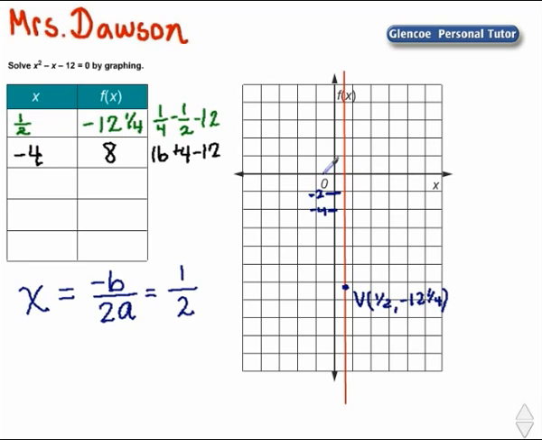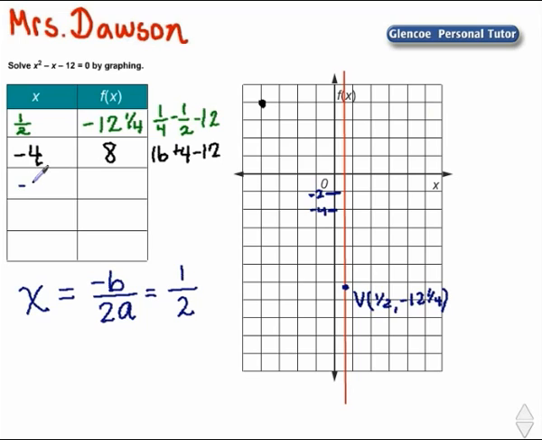So -4 on the x, 1, 2, 3, 4, and 8 on the f of x, 2, 4, 6, 8. Now the nice thing about having the axis of symmetry is that we can double check our points, and we'll go the exact same distance to the red line from the left and move the same distance from the red line to the right. We'll get some more points later.